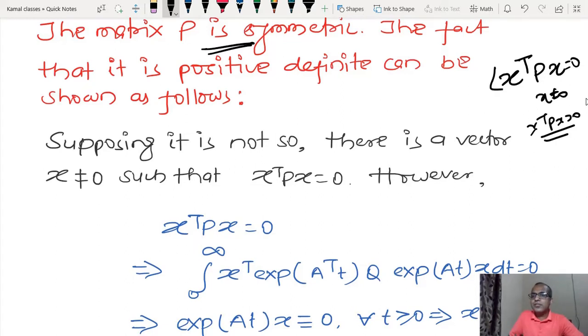This is very simple to show: I will take X transpose Px equal to 0 and try to construct some non-zero value of X. If that is not possible, then I can say that X transpose Px is positive definite, okay. This is called proof by contradiction.